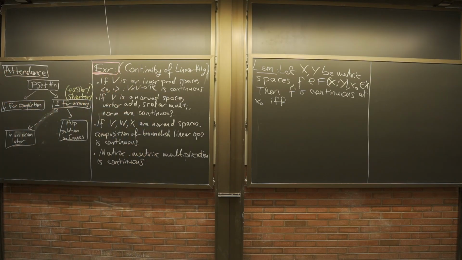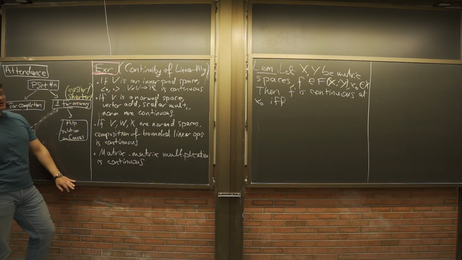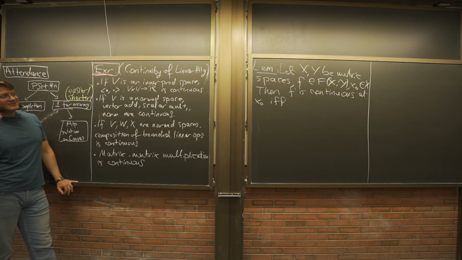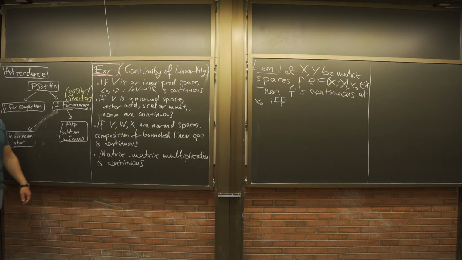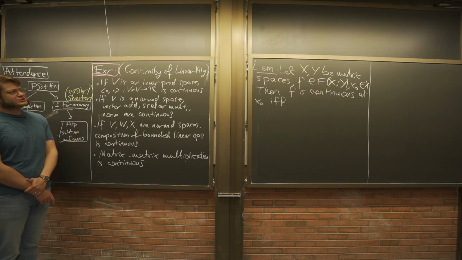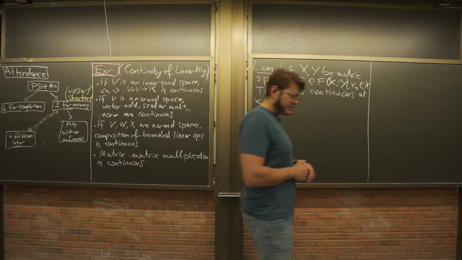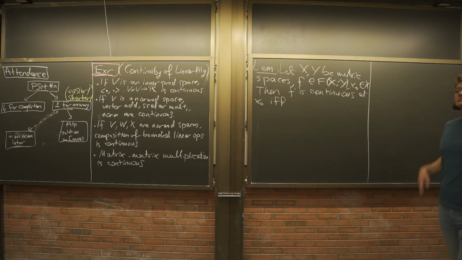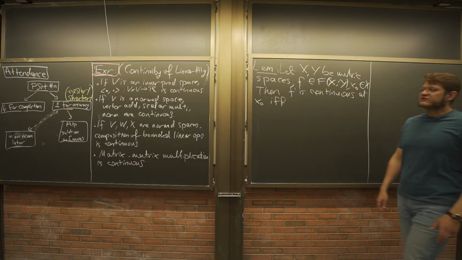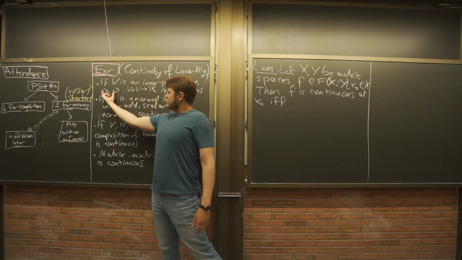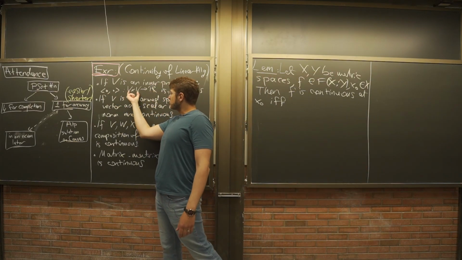So we did something similar to this. Remember, on Friday last week, we showed that the d function, the metric on a metric space itself, is a continuous function. There are a couple different versions. The moment you have a linear structure, or a linear structure plus some additional things, so for instance, if I have a V inner product space, I can think of the inner product itself as a function from here to there.